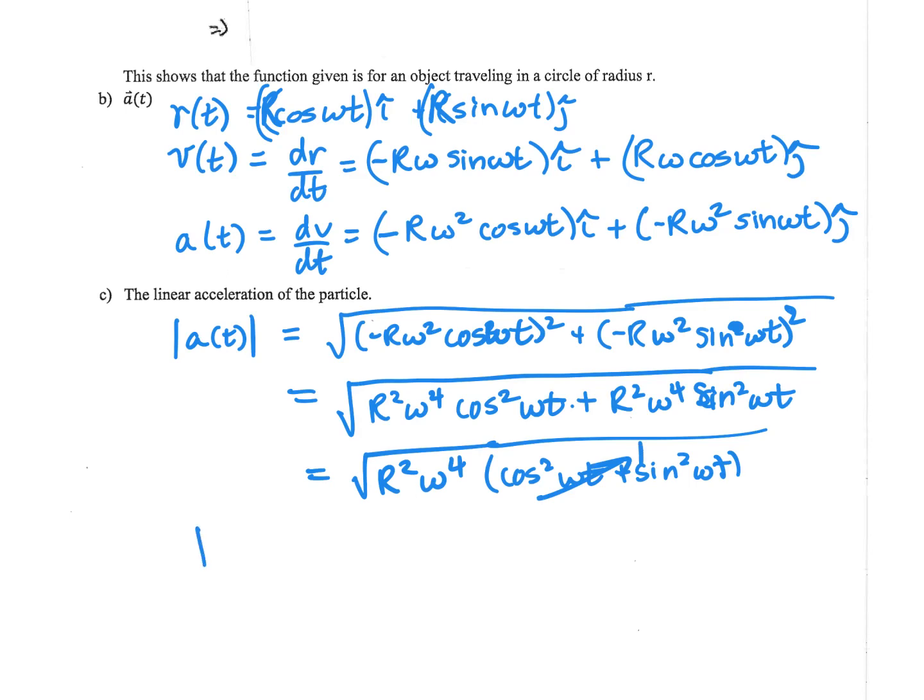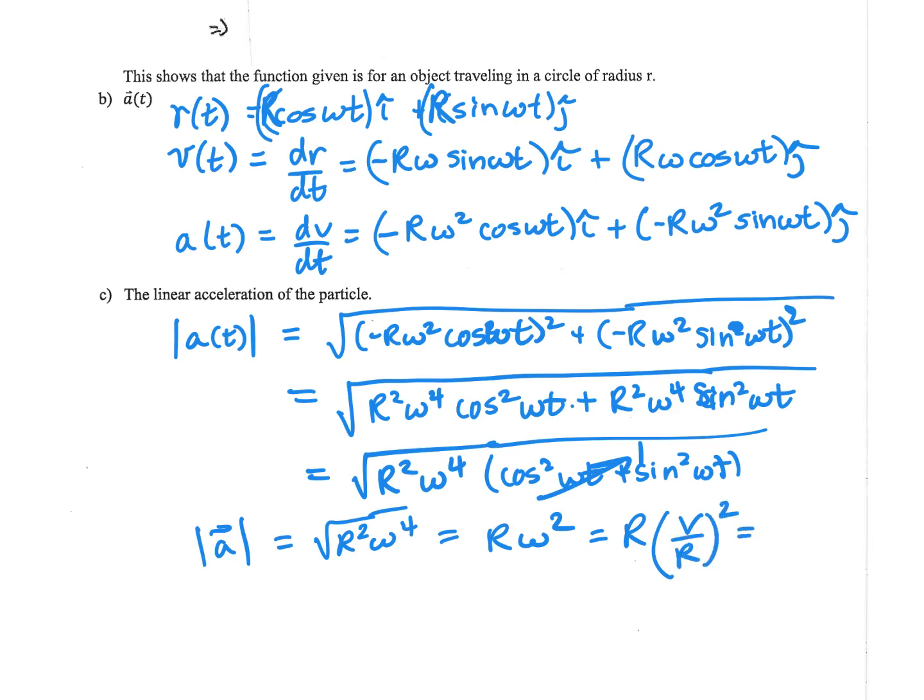So the linear acceleration is going to be the square root of r squared omega to the fourth, which is just r omega squared. Well, omega is v over r. So this is r times v over r squared.